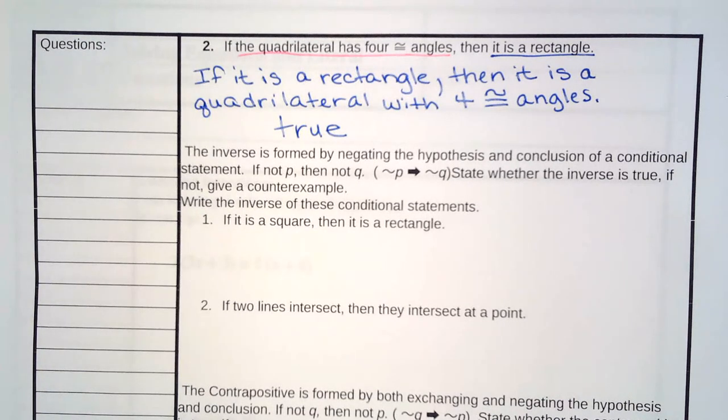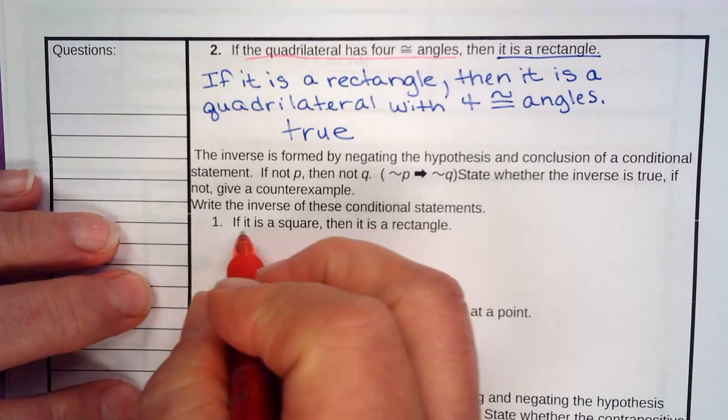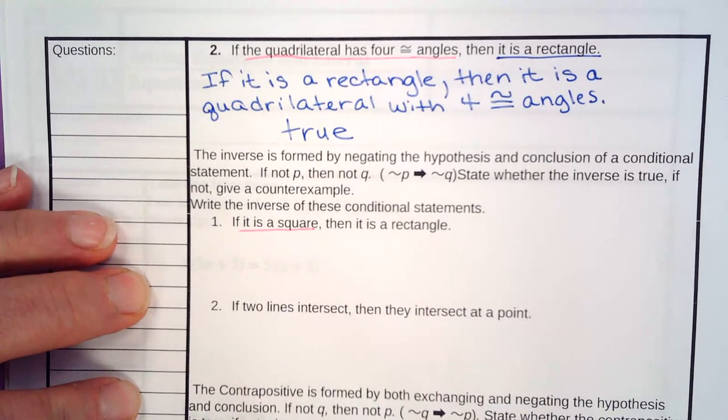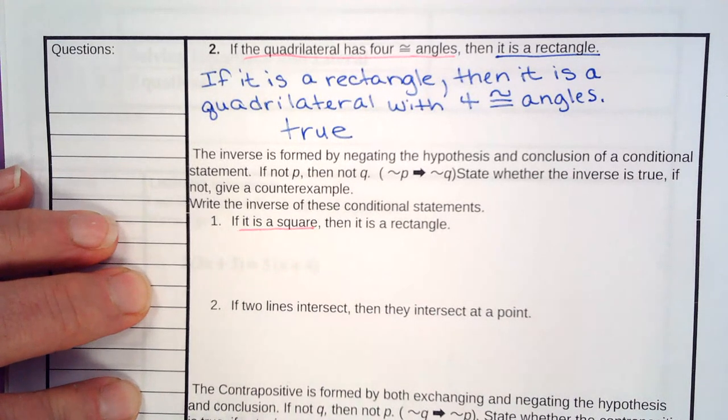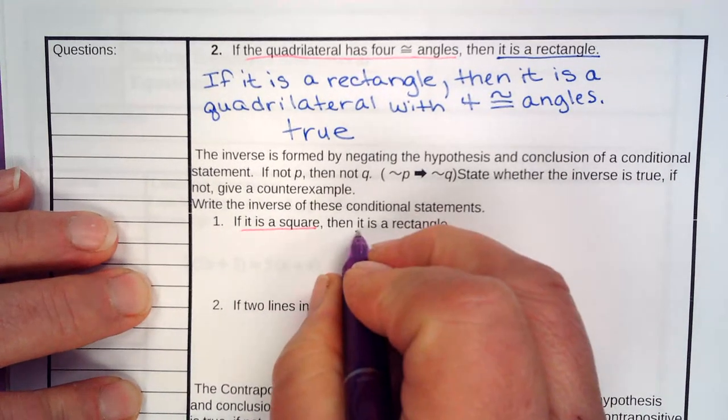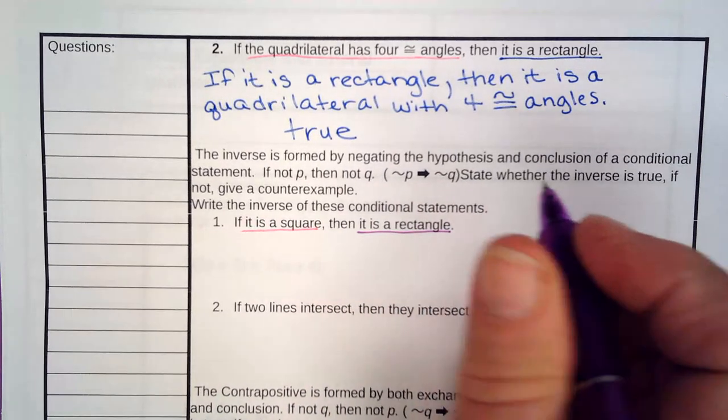So the inverse is formed by negating the hypothesis and conclusion of a conditional statement. If not P, then not Q. So we're changing them both to not. State whether the inverse is true. If not, give a counterexample. So our hypothesis is it is a square. Our conclusion is it is a rectangle.